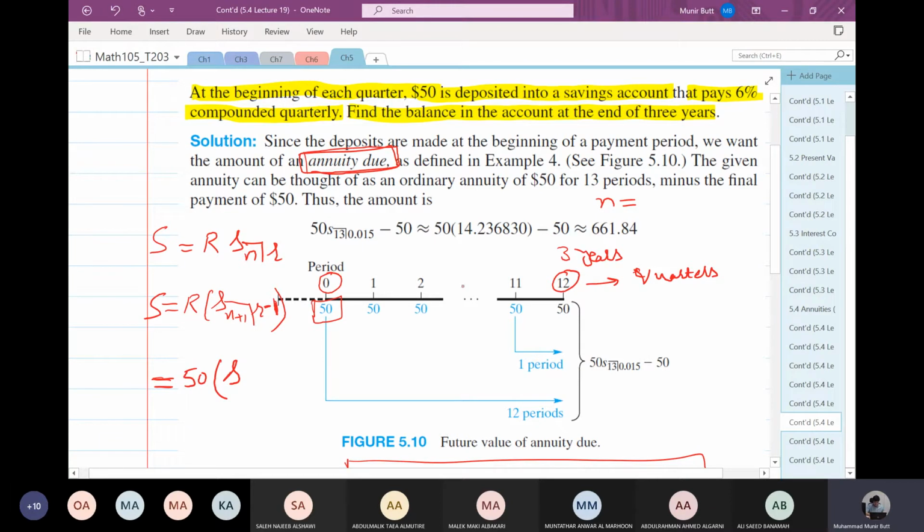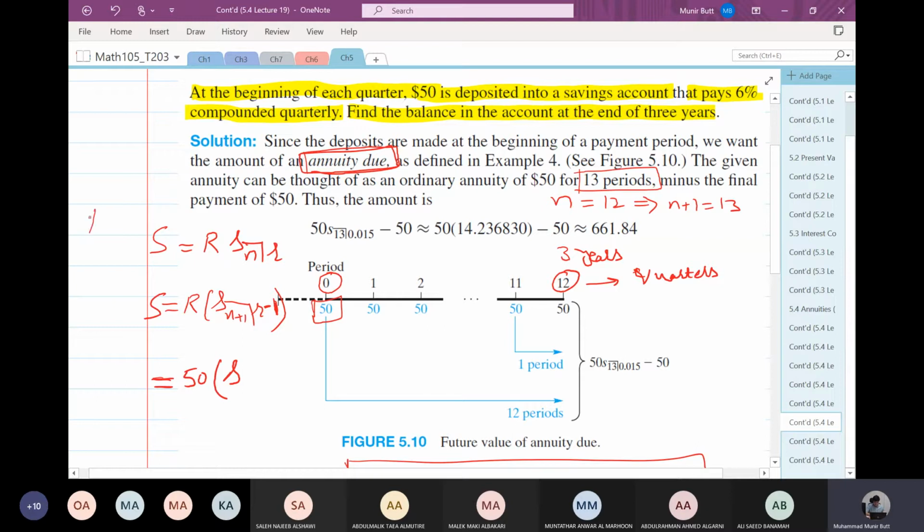If you count 1, 2, 3, it is 12, but there is another one at time 0. So n is equal to 12, which implies that n plus 1 will be 13. That is why we have 13 periods.